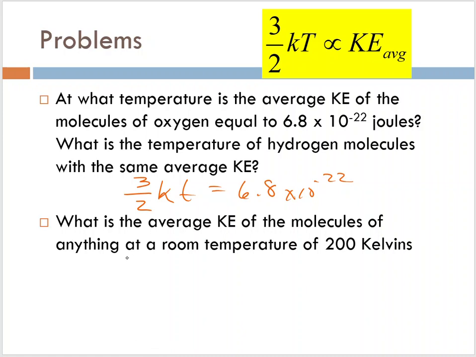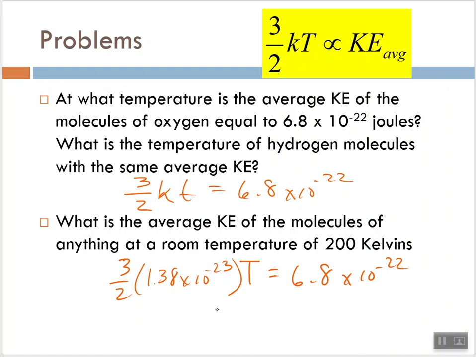To continue, we would say 3/2 times our Boltzmann constant, which is 1.38 times 10 to the negative 23rd, times the temperature, which we don't know yet. I should use a capital T, not a lowercase t, it's not time, is equal to 6.8 times 10 to the negative 22nd.